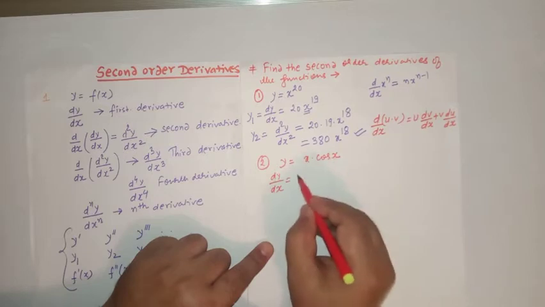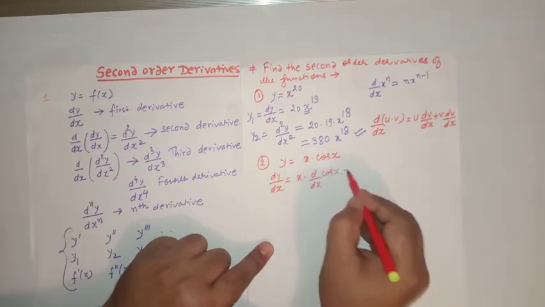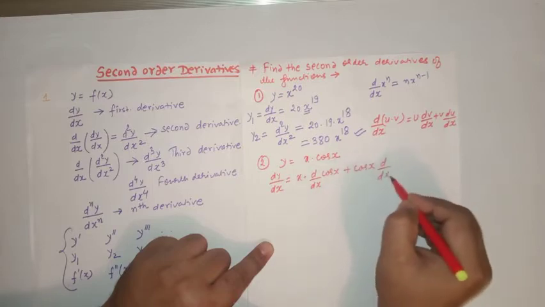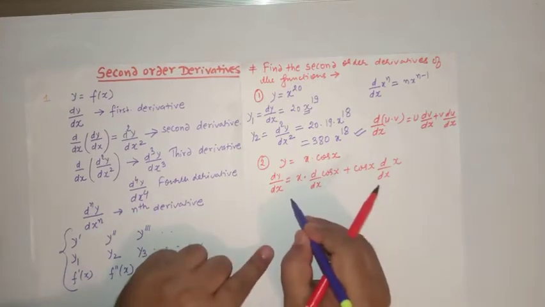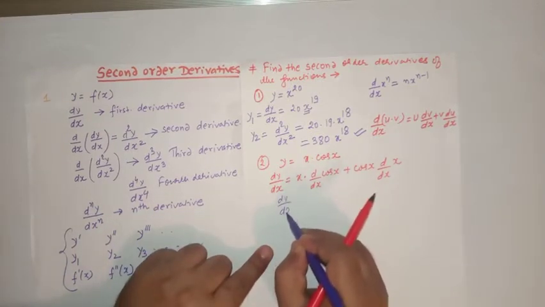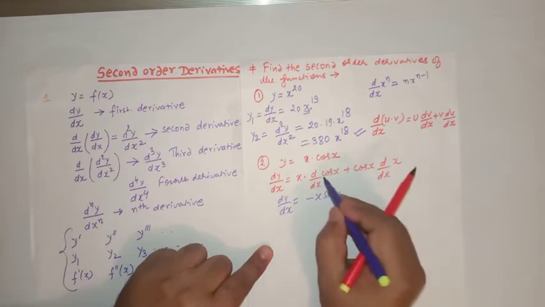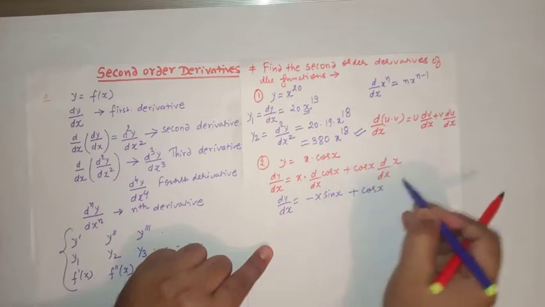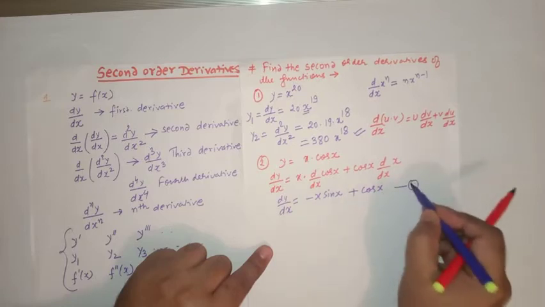So here we have x, the derivative of cos x, then we have cos x, derivative of x, right? So here we can write dy over dx is minus x sin x, because the derivative of cos x is minus sin x. Then we have cos x, derivative of x is 1. Now this is the first derivative.